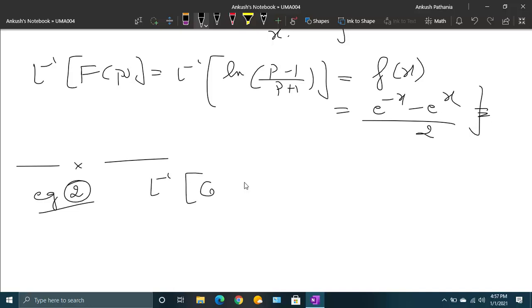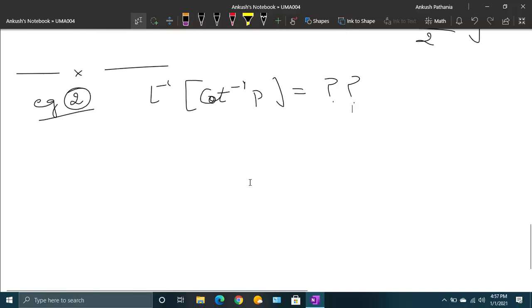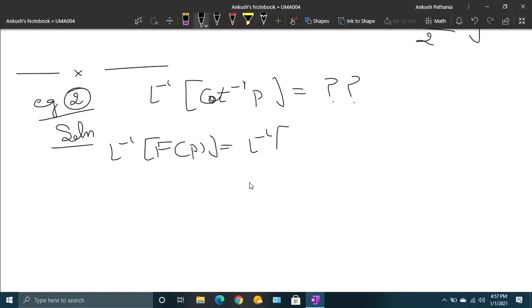Similarly, let us take one more example of this type. We have to find the Laplace inverse of cot inverse p. So he is asking for the Laplace inverse of F(p), where F(p) is cot inverse p, and you need to find this f(x).